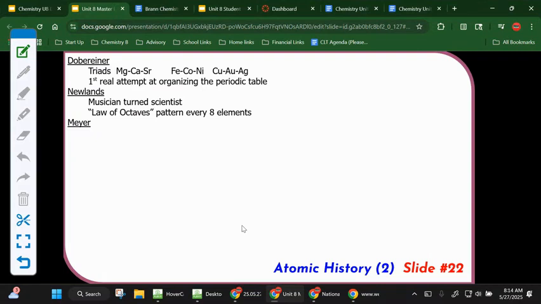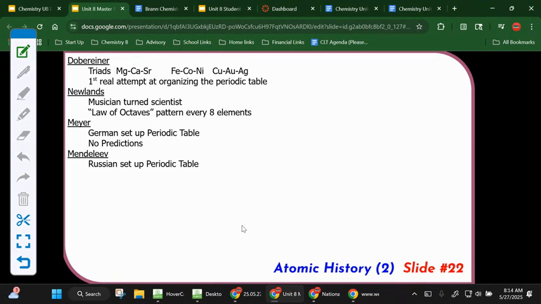Okay, next came Meyer, ladies and gentlemen. Meyer was a German scientist who tried to set up an actual periodic table. He and another scientist were competing to form the periodic table that we see on the wall. So, he was working on one, and another Russian scientist named Dmitry Mendeleev was working on one.